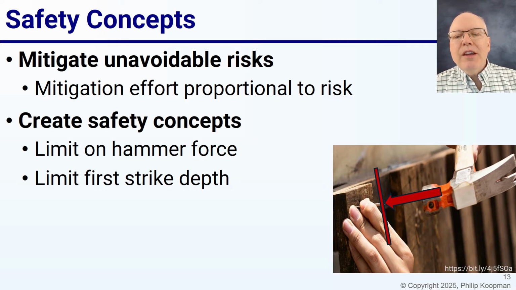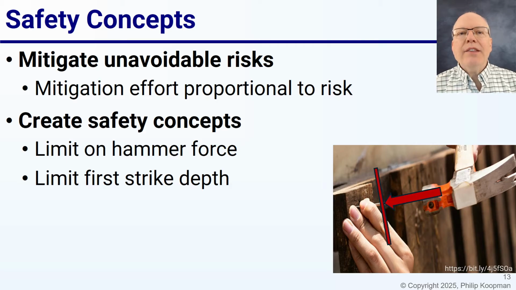For example, if you're worried about smashing fingers, one of the safety concepts is to limit the hammer force so that even if it does hit the hand, it can't smash it flat. And the other one is we're going to limit the first strike depth so that even if things go wrong, the hammer is not coming all the way down to the board because there are fingers in the way.